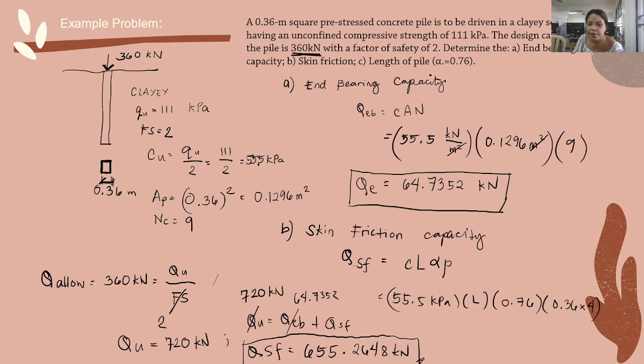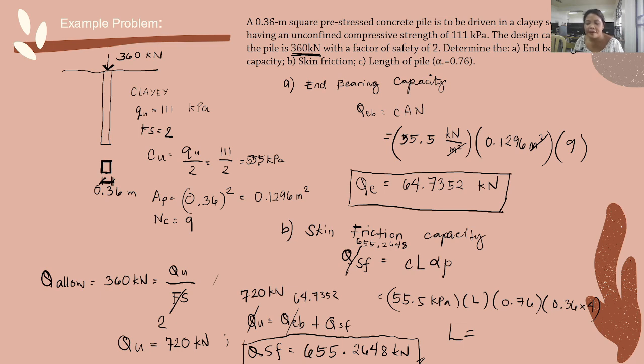So, para makuha mo yung length, i-substitute natin dito yung value ng QSF, which is 655.2648. And ang nawawala na lang sa ating equation is length. So, by solving, or direct analysis, algebra, 55.5 times 0.76 by 0.36 by 4.